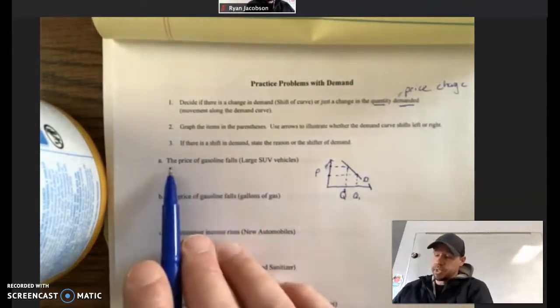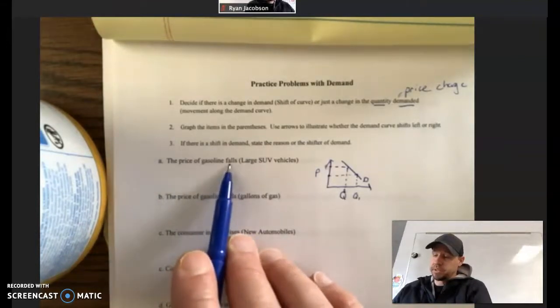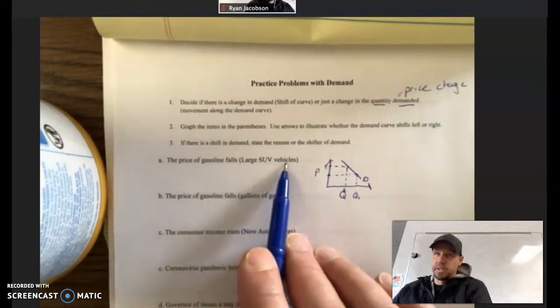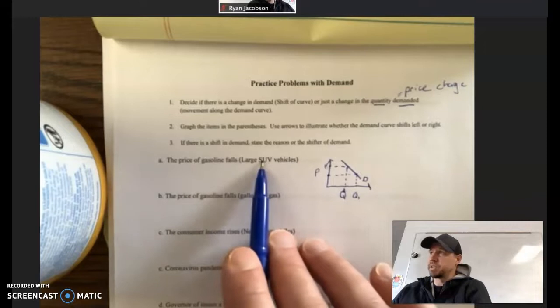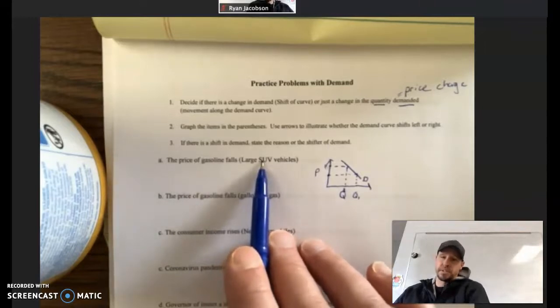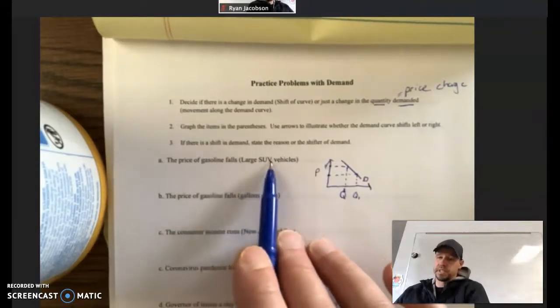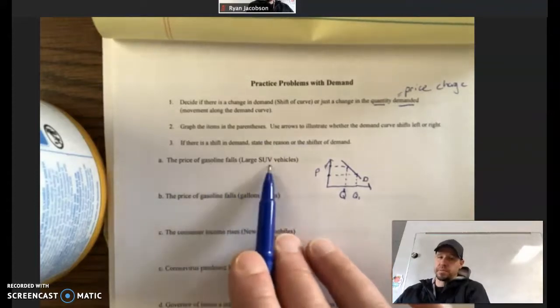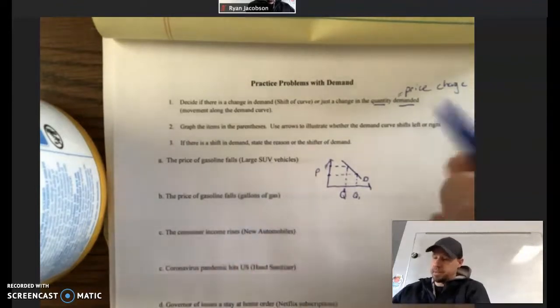So here we're looking for what happens when the price of gasoline falls. We've got the impact on large SUV vehicles. Well, it would make sense that these are related goods. We call these complements, goods that you consume together, gasoline and vehicles. When gasoline prices fall, we're probably going to see an increase in demand for larger SUV vehicles since they're cheaper to operate.